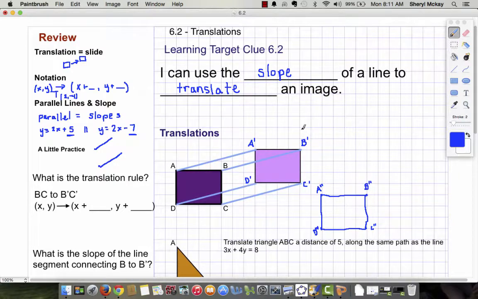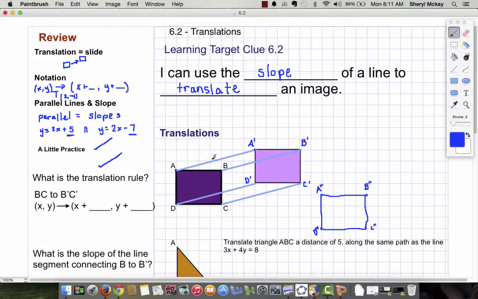Now, what I want us to look at is these line segments that are connecting A to A prime, B to B prime, C to C prime, and D to D prime. And tell me, what is the slope of this line segment? Tell me what the slope of the line segment is. Well, what you might do is you might say, let's see, I could just count up.